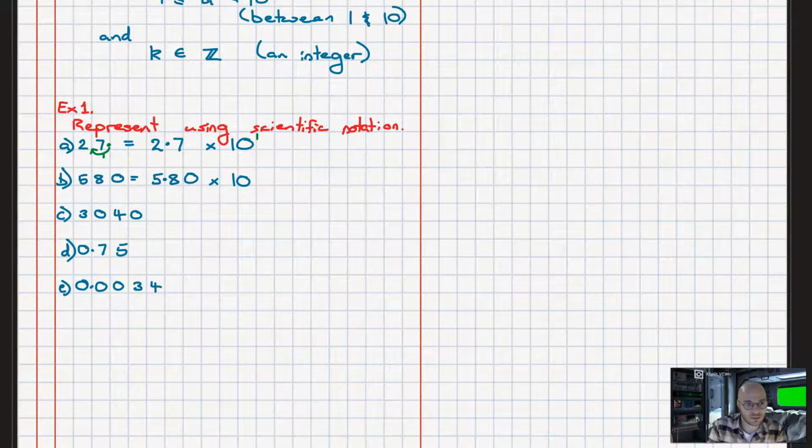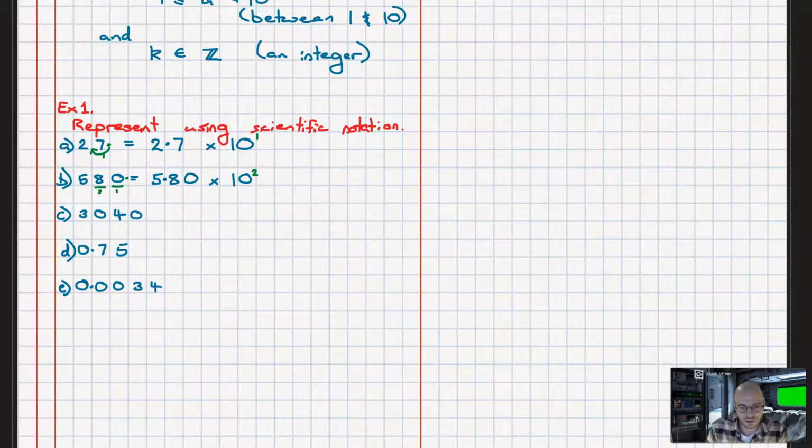Now, to calculate what we're multiplying it by, a decimal point was originally here, and we moved it 1, 2 places. So we're going to get an exponent on this 10 as 2. So the scientific notation form is going to be 5.80 times 10 to the 2.